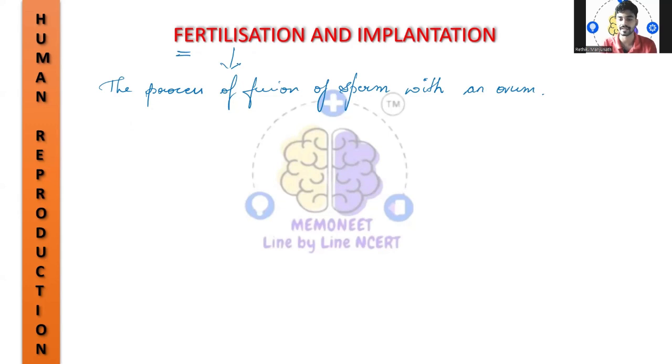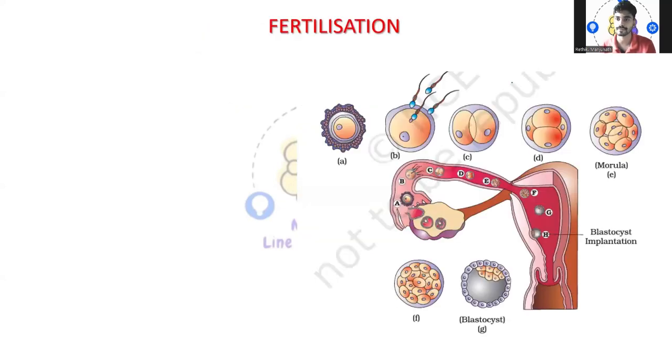It won't happen magically. So how does fertilization normally happen? During the copulation, sperms are released by the penis into the vagina.